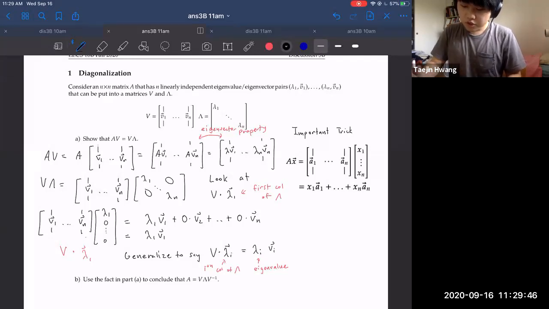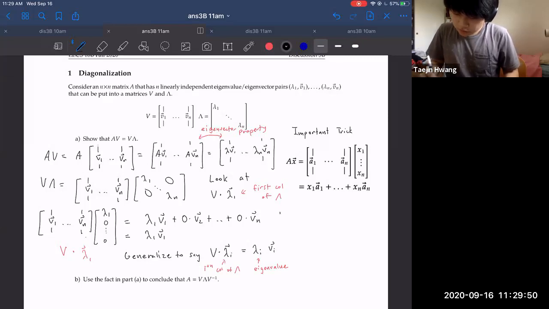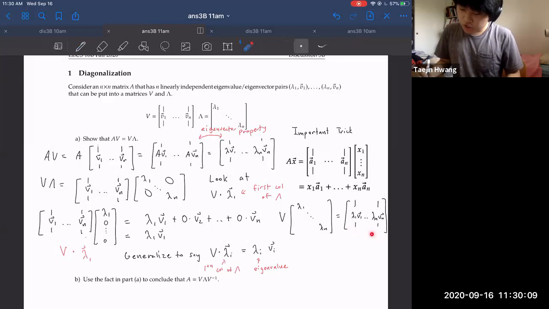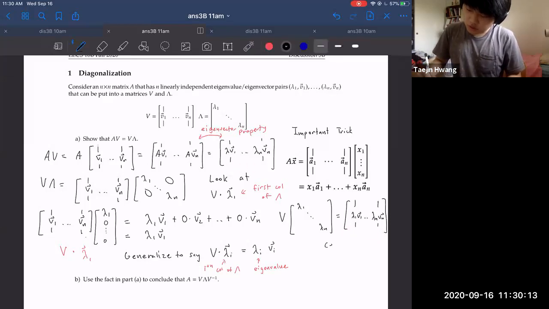So if we were to take a look at everything, this tells us that V times lambda is in fact equal to lambda 1 V1 all the way up to lambda n Vn, which is exactly equal to what AV was. So we can conclude that AV is equal to V lambda.